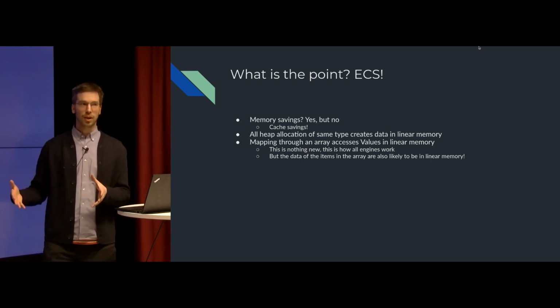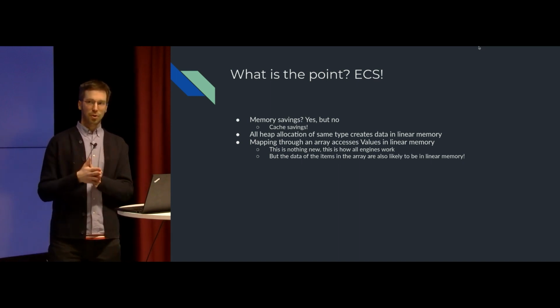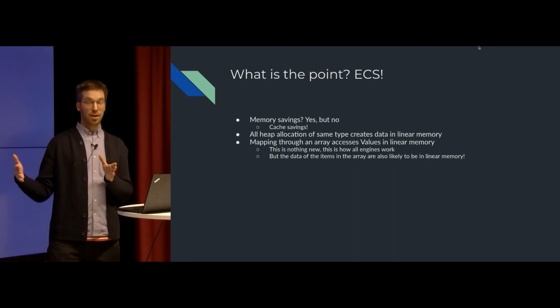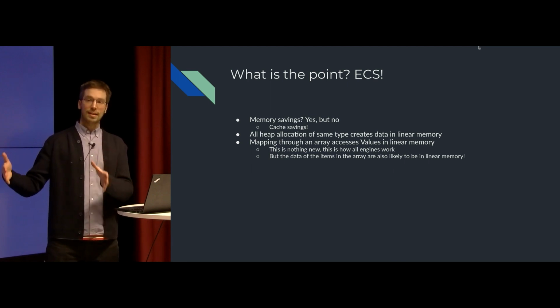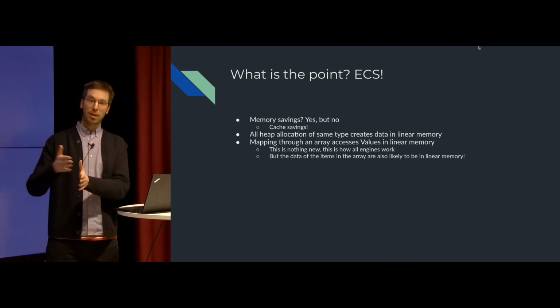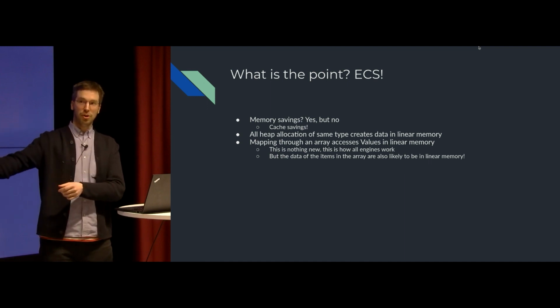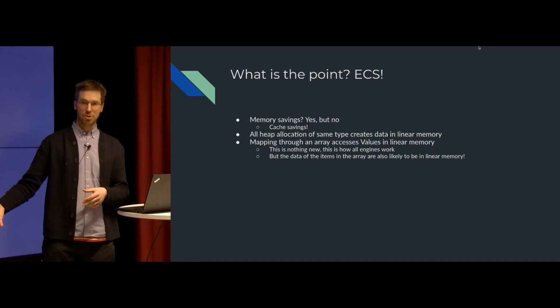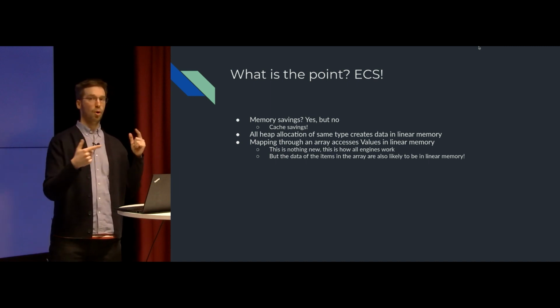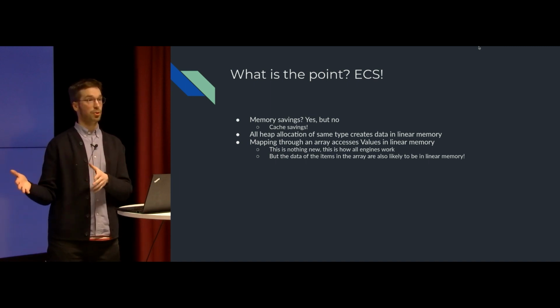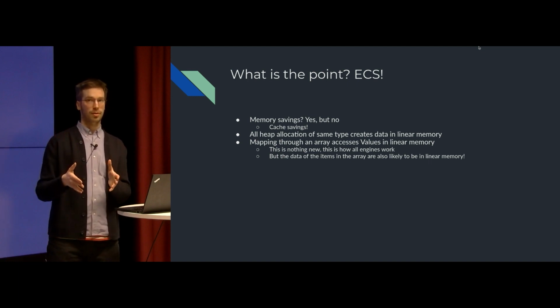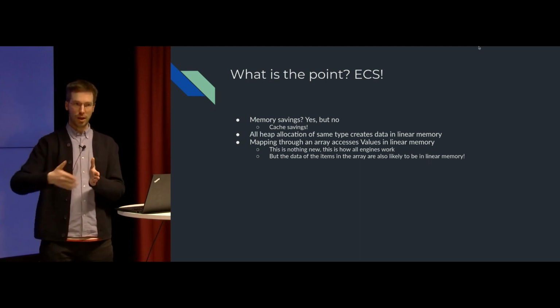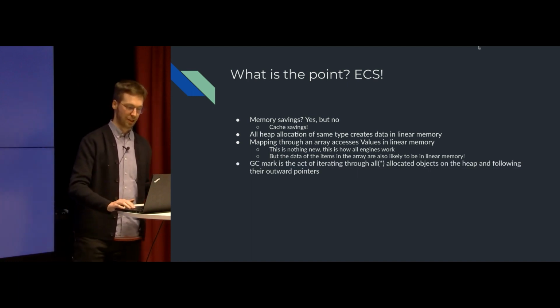But now, in our engine, if your array contains data of the same type, that data is also probably going to be right next to each other because it's most commonly created at the same time. Let's say you map over an array and for each item you create an object. Those are going to be created right next to each other because they're created at the same time.